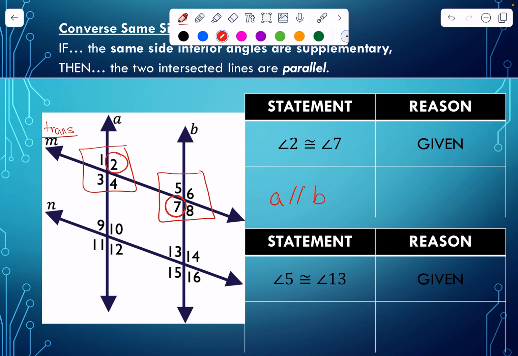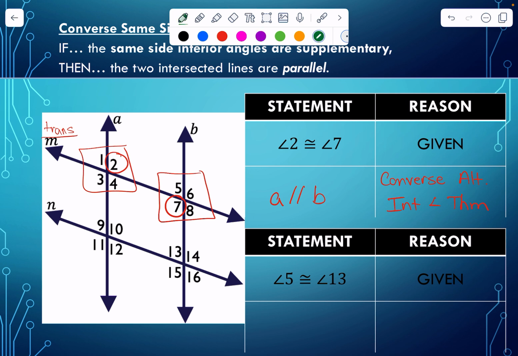Well, because those lines have to be parallel, because 2 and 7 are alternate interior. So by the converse alternate interior angle theorem, I know that those lines are parallel to each other. Okay, let's try another one.